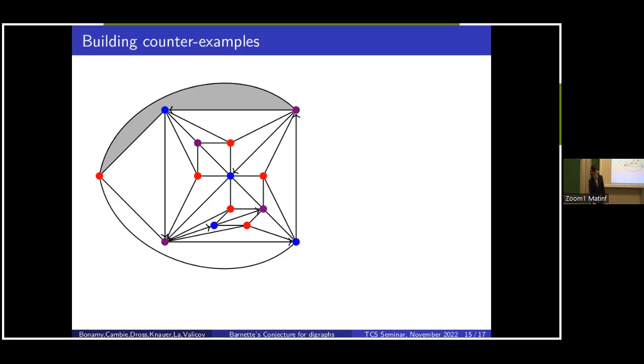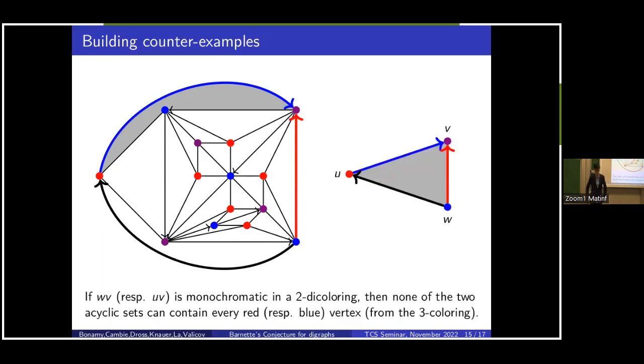And by doing this, what we obtain is that for some good orientation of this gadget, you have the following property. If your acyclic set contains this red edge, for example, then it cannot contain all of the red vertices of your even triangulation, and the same for the blue edge.